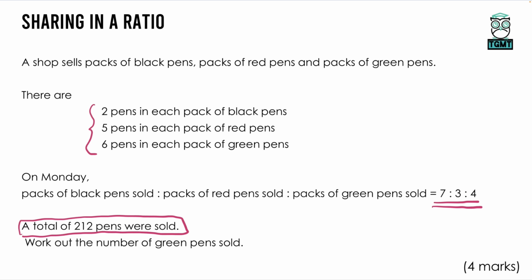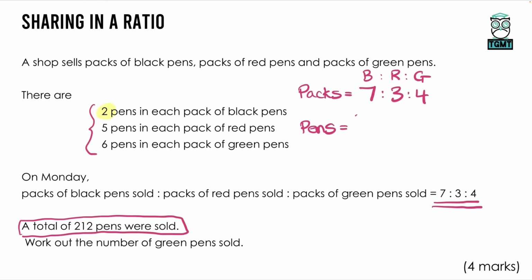So in order to turn this into pens, well, here the ratio is in packs, so we'll label that. We want the ratio in pens. So if we want to turn this into the amount of pens, well, 7 packs of, and let's just label up the colours here. That was black to start with, then red, and then green. So the information down here tells us 2 pens in each pack of black pens.